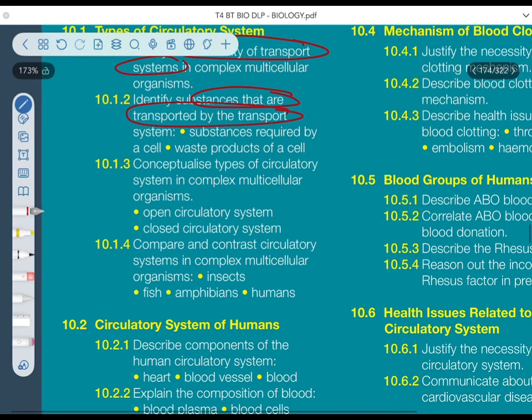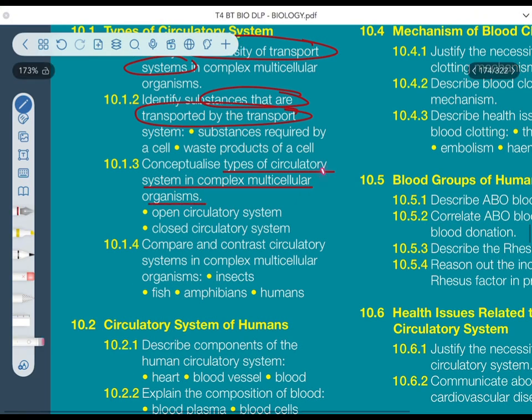Next, we're also going to learn there are two types of circulatory system in the complex multicellular organisms. For your information, multicellular organisms are organisms which consist of more than one type of cell, like insects, fish, humans and plants.